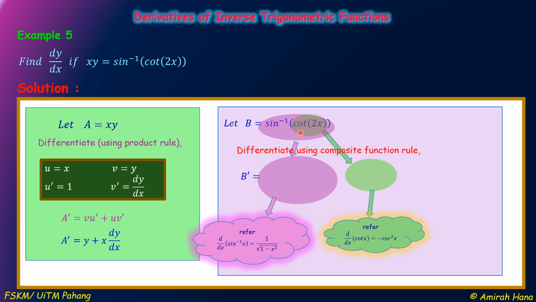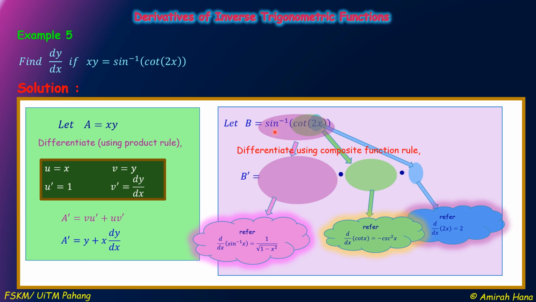To differentiate cot 2x, we refer to the formula derivative of cot x, which equals negative cosec squared x. Then we draw the innermost circle, and differentiating 2x gives 2. In between must be a multiplication operation.